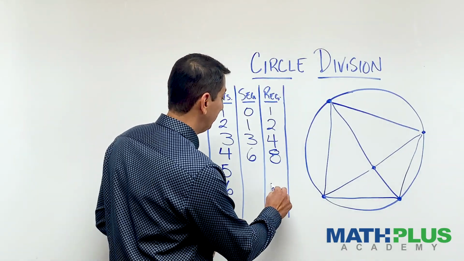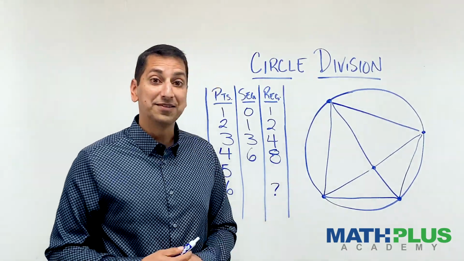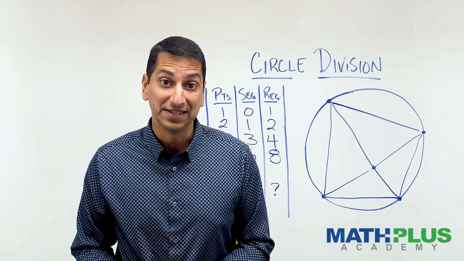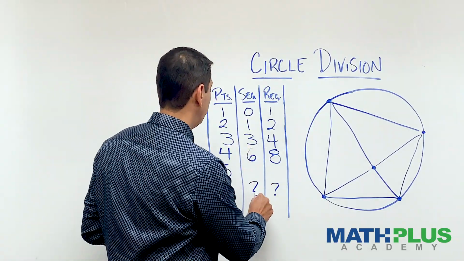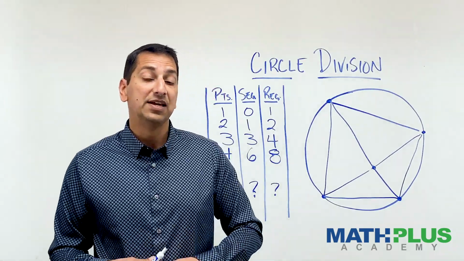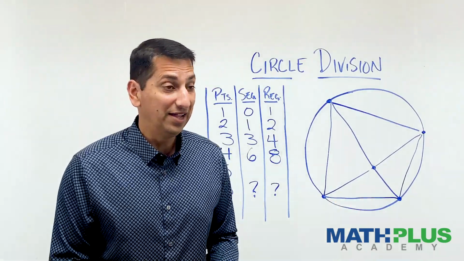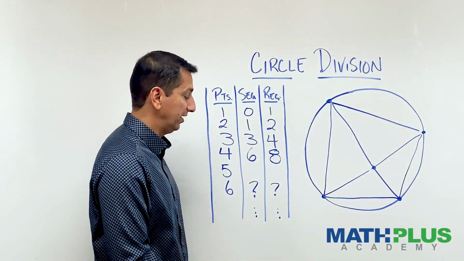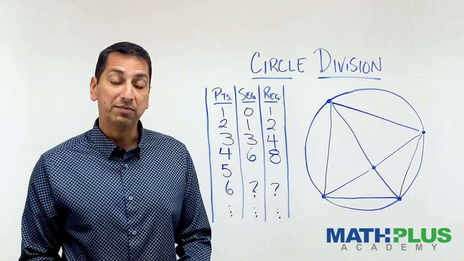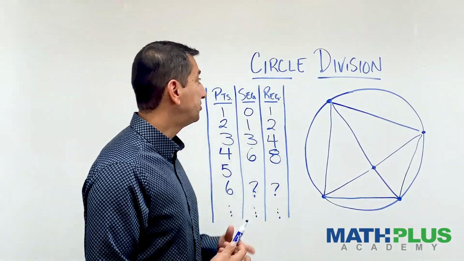If you're careful, I think you will find that something interesting happens when you get to 6. So I want you to try and find that, and then once you do, wherever that little interesting thing is, then you got to figure out why, and also try to predict what's going to happen when I get to 7 dots and 8 dots, 8 points, and so on. So that is your challenge.